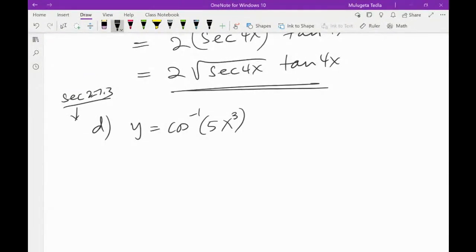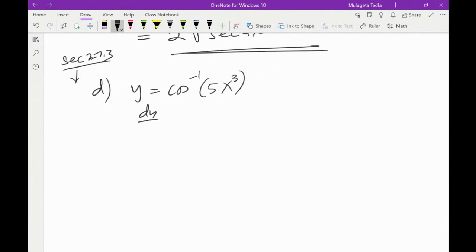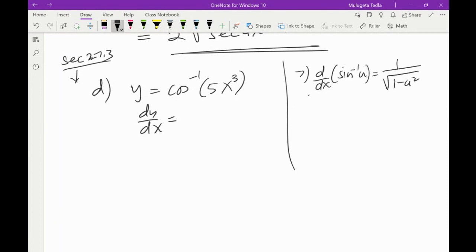Yes. So the derivative dy by dx is... remember, I'm going to add a few formulas. Number 7, d by dx of sine inverse of u is 1 over root of 1 minus u squared, du by dx.